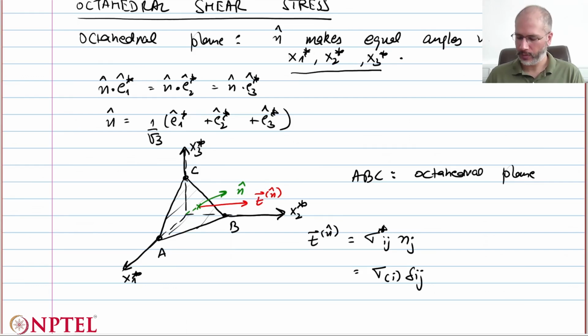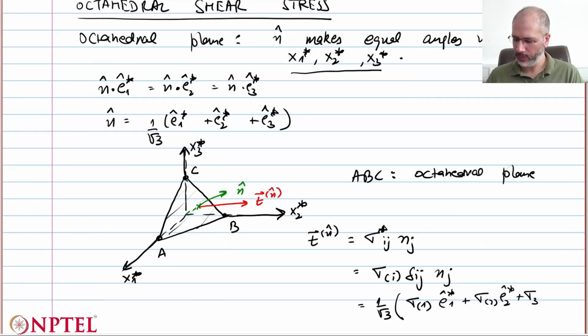As we've been doing in the past, it's a diagonal matrix times nj. And when I expand that, this becomes 1 upon root 3 times sigma 1 e1 star plus sigma 2 e2 star plus sigma 3 e3 star.